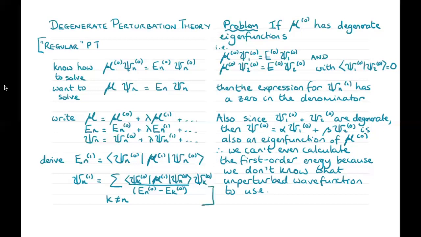And the approach that we use is called Degenerate Perturbation Theory. So let me first write down the method that we use, and then we'll look at an example, and then at the very end, we'll go through the mathematical proof of this method.